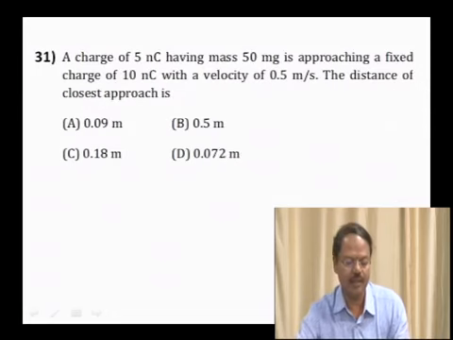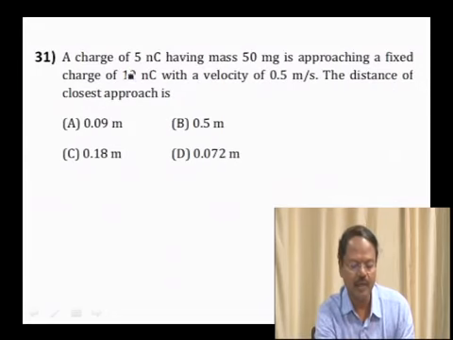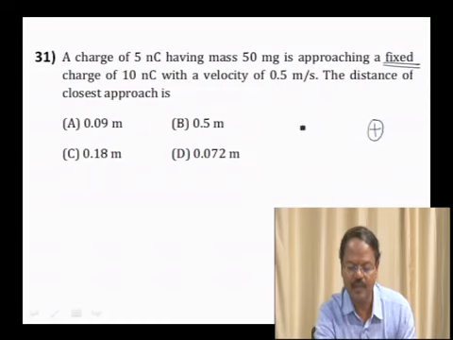Then coming to the next one, a charge of 5 nanocoulomb having this much of mass is approaching another fixed charge, notice that is not moving, with a velocity, distance of closest approach. So, if I have one plus charge and another moving, because of repulsion this becomes gradually slow, stops here and goes off like that, and it cannot come closer than this.